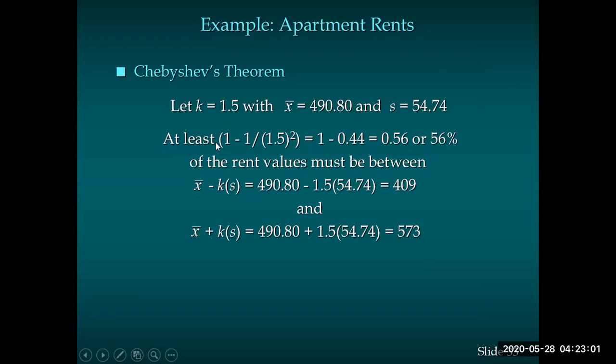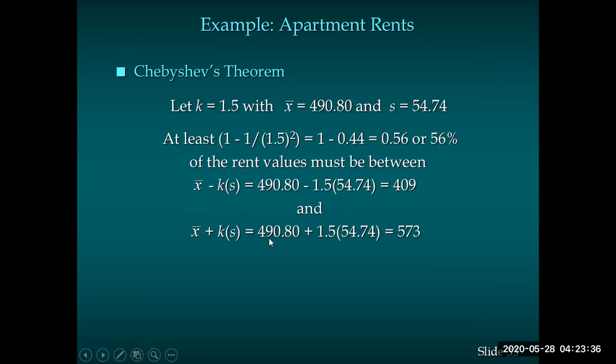So you can see 1 minus 1 by k square will be 56%, and 56% of the data should be within the limits of x bar minus 1.5 times the standard deviation, that is x bar minus ks. So you can have 409, if you do the math here, and x bar plus ks. So there's a plus minus sign. Chebyshev says that you have to take between the mean plus minus z or k times the standard deviation.